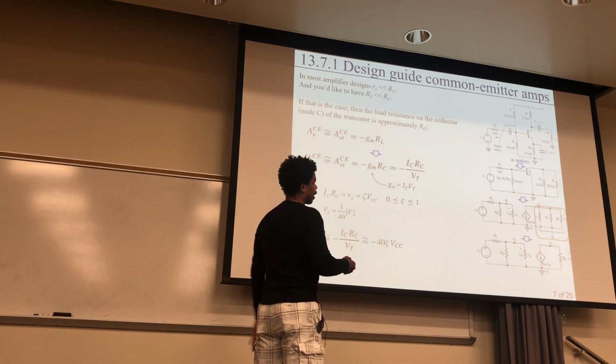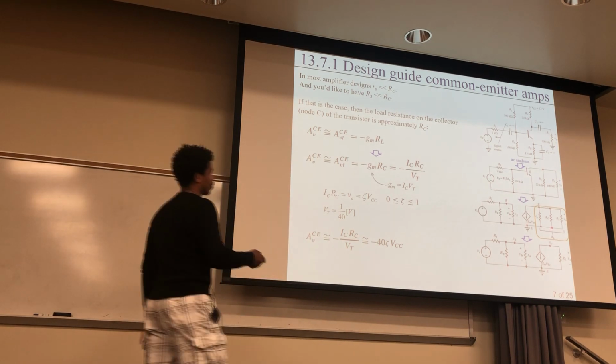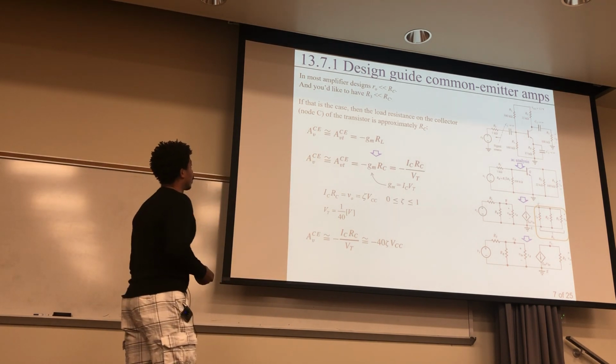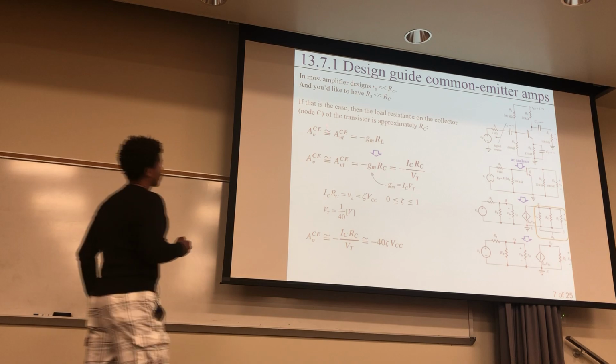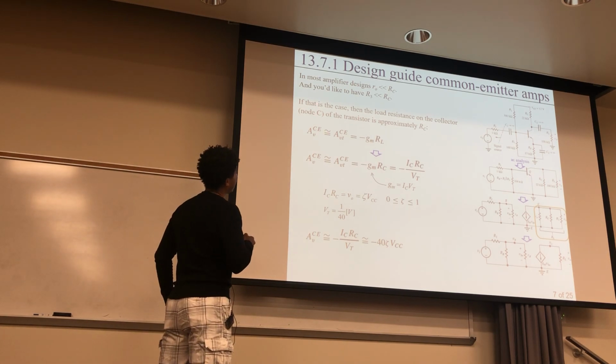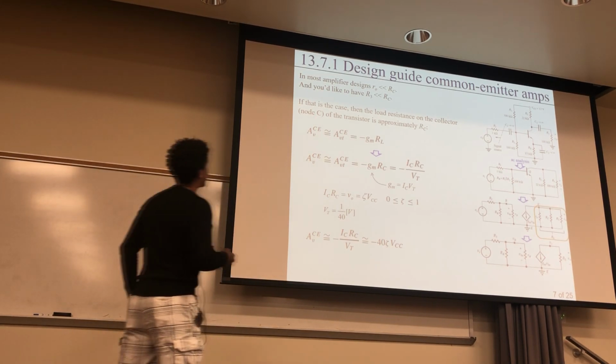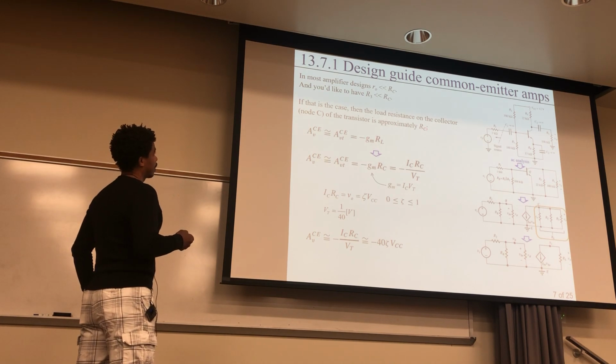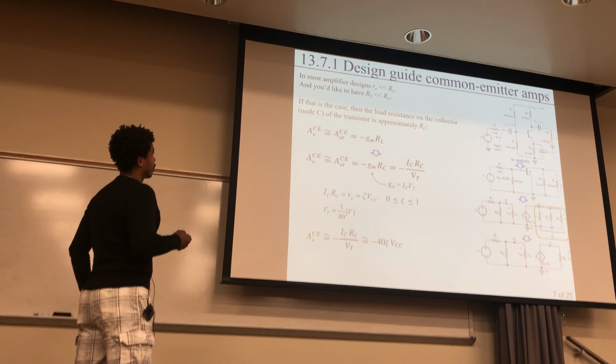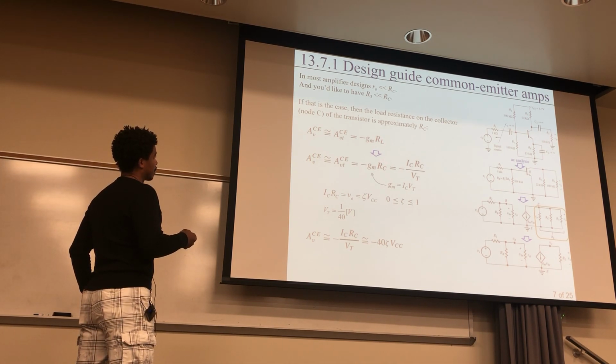So really, this resistor is larger than both of those. That's the goal. If that is the case, then the load resistance on the collector node, this node C, is approximately RC. So this RL, the entire load, becomes this RC.